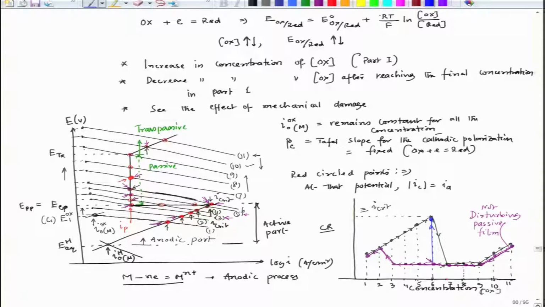Once we scratch the surface after reaching C6 concentration and the passive layer is broken, then if you decrease the concentration, it will always follow this track.